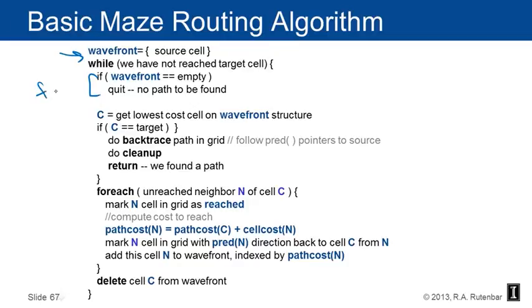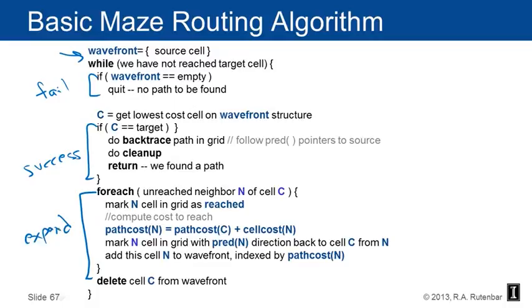And so I'm just going to write fail. If the wavefront's empty, there's no path. Otherwise, you get the lowest cost cell on the wavefront data structure, and if it's the target, then you do the backtrace and the cleanup, and so this is the little part that is success. And the rest of this is actually the real expansion process.